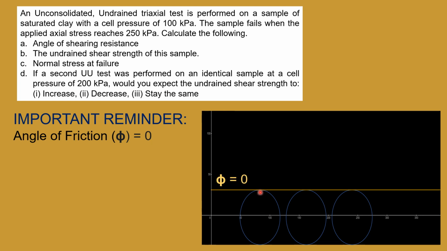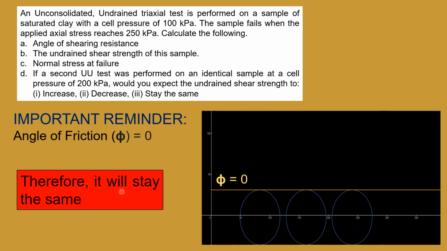Since from 0 to here it is uniform continuously until infinity, as long as the specimen is the same, we can say that the undrained shear strength in a UU test is always the same. Therefore, it will stay the same.